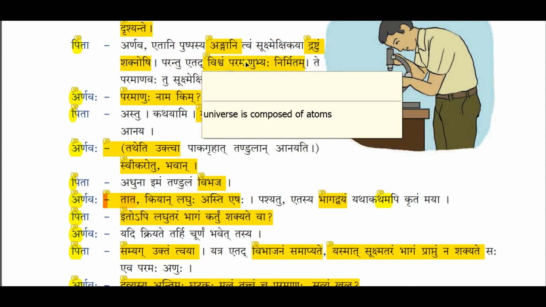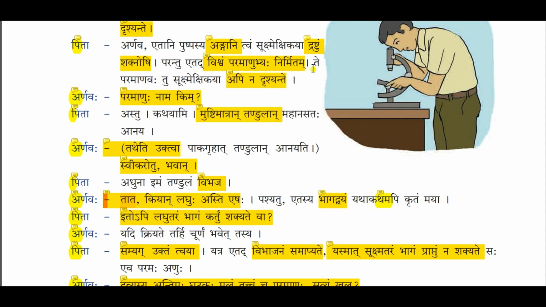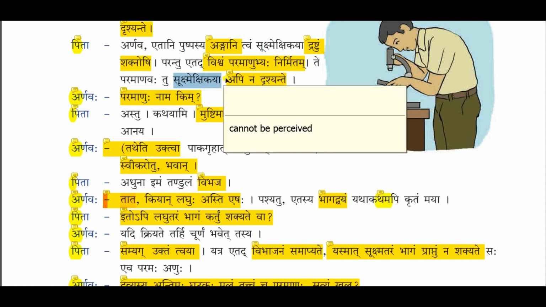Parmanubhya means from atoms, nirmitam is composed. So this universe is composed from atoms. Te paramanava, those atoms, it is plural, tu means but, sukshmekshikaya means through microscope, api means also, no drishyante, cannot be perceived, cannot be seen.